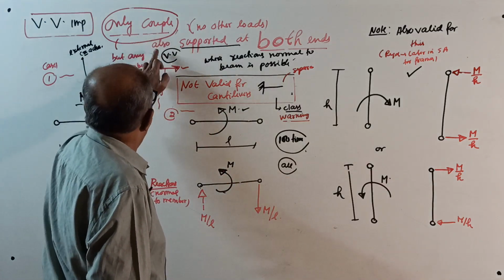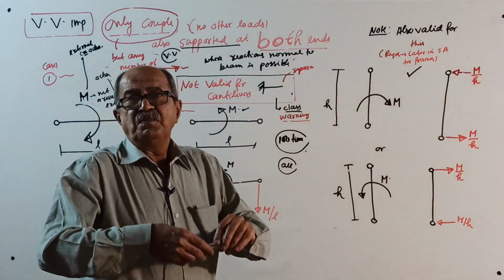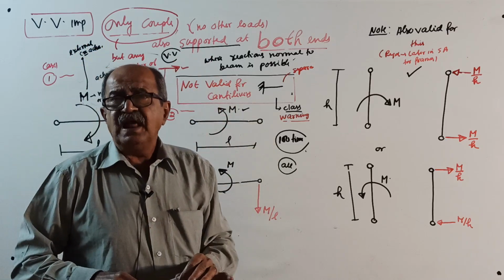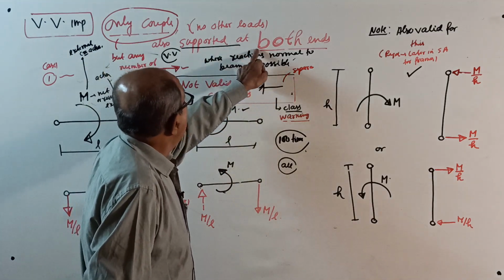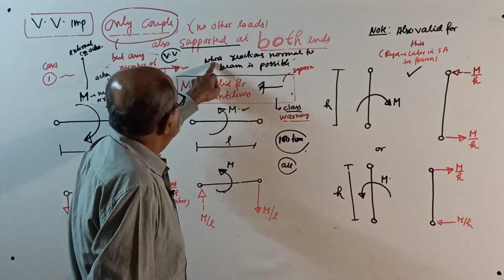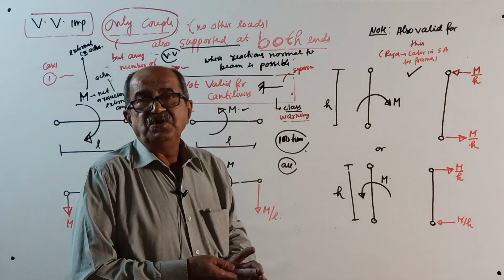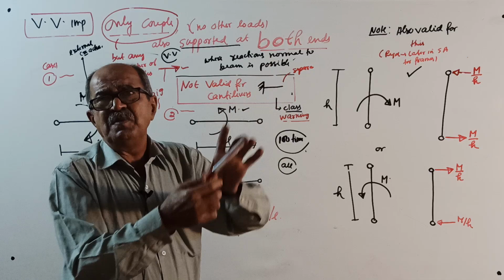Only couples, also supported at both ends. Both ends should be supported. And what type of support is also important? Both ends should be supported where reaction normal to the beam is possible. You should have a support where there will be reaction normal to the member.